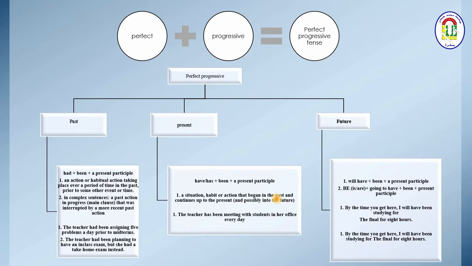So it crosses all the times: the past, the present, and the future.